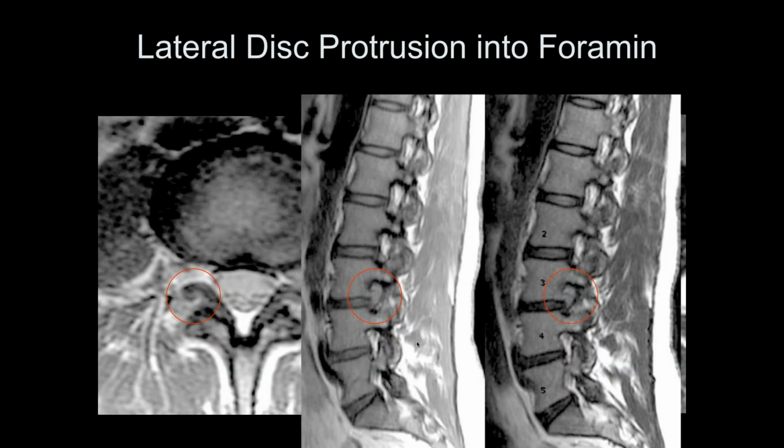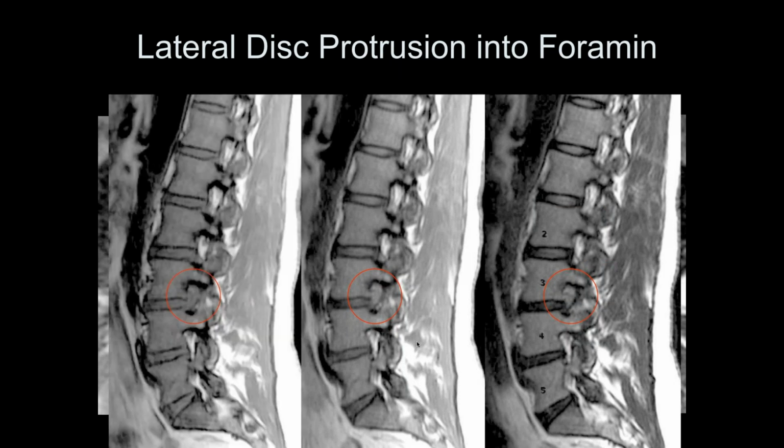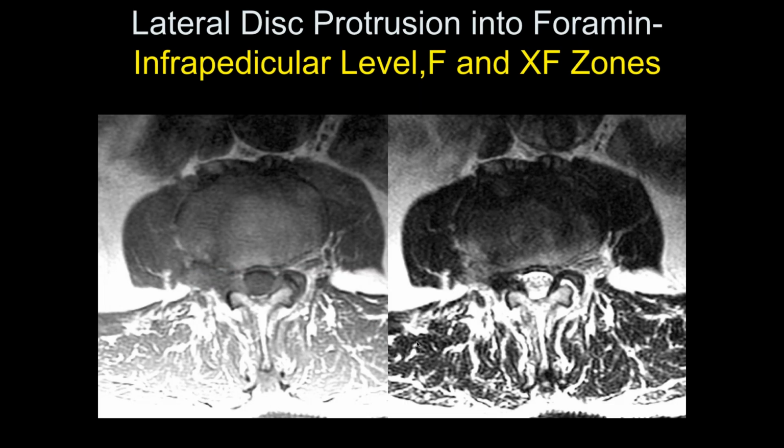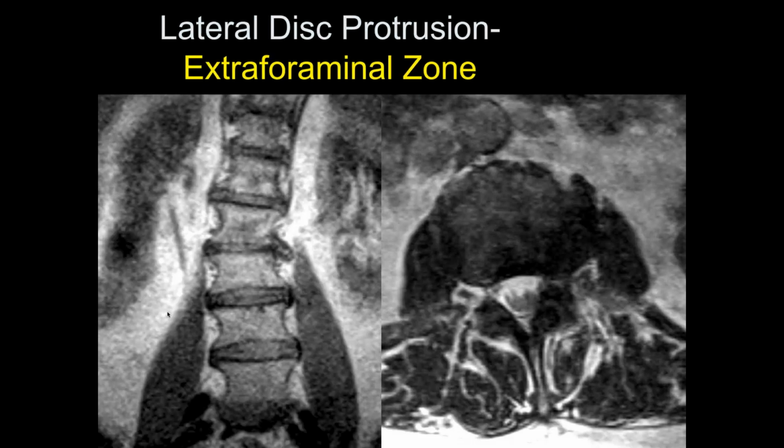And again, another extruded disc. I've got all the answers here. I have to go back and change this so I don't give all the answers out. Another extruded disc on the right side, normal on the left side, and we can see compression over there.